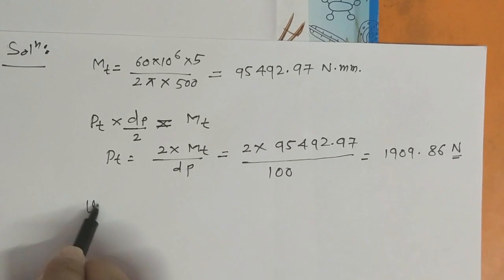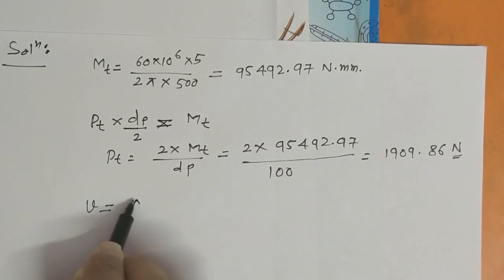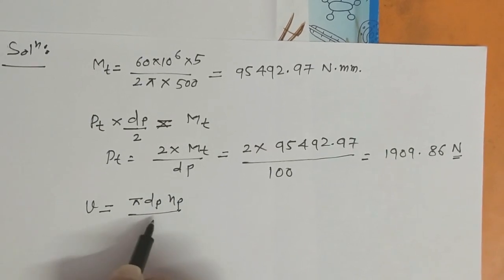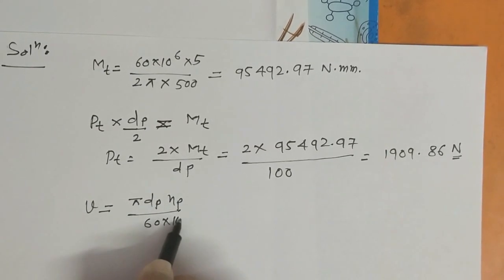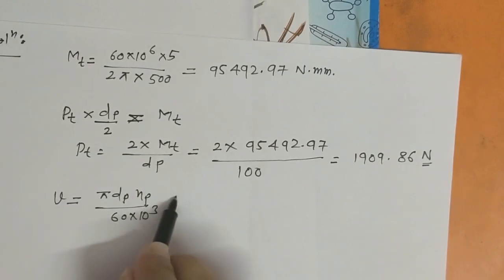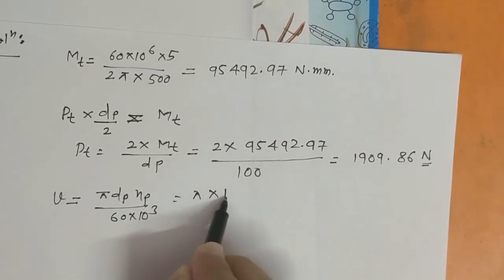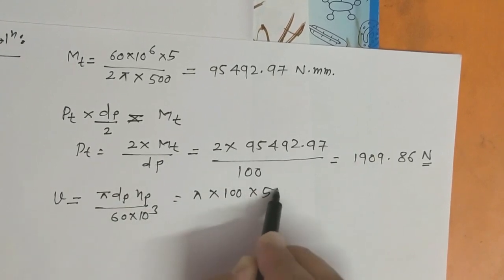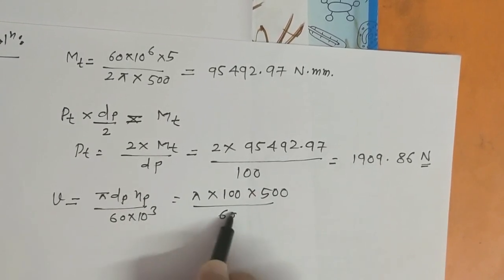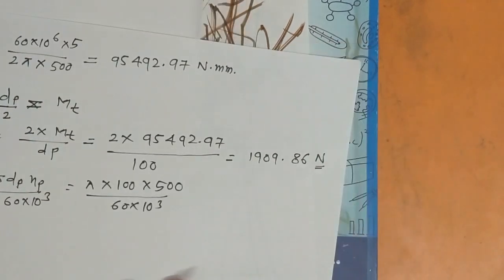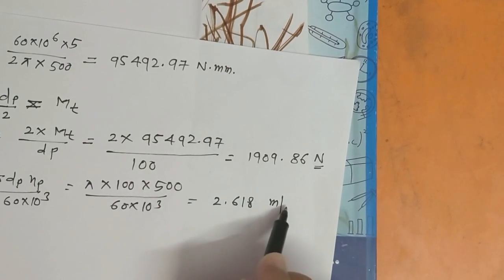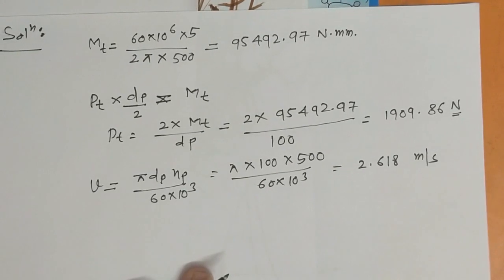V equals pi dp np divided by 60 into 10 raised to power 3. With dp as 100 and np as 500, this becomes 2.618 meters per second. This is the value of pitch line velocity.